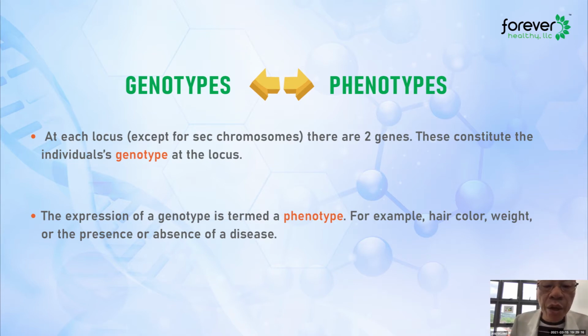And if the color is brown, then that is what you call the phenotype. So the composition of the gene, what the gene is made of, is called genotype, whereas the expression of that gene that you can see or is visible is what you call phenotype. Therefore, the expression of a genotype is known as phenotype.